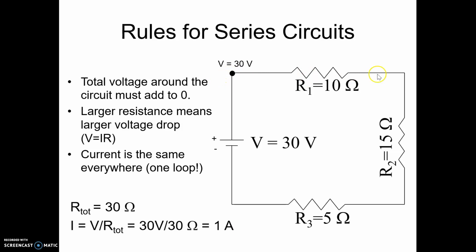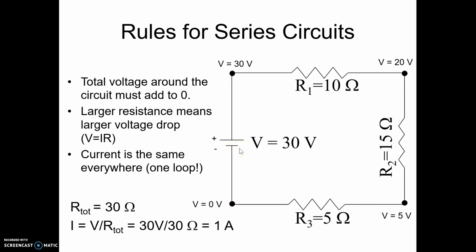So if you start at 30 and you drop 10, now you're at 20 volts over here. Now you're going to go through the 15 ohm resistor. Well, 1 amp times 15 ohms will give you a 15 volt drop. So 20 minus 15 brings you down to 5. And then the last drop is 1 amp times 5 ohms, so you go from 5 down to 0. And now you're back to the starting point.